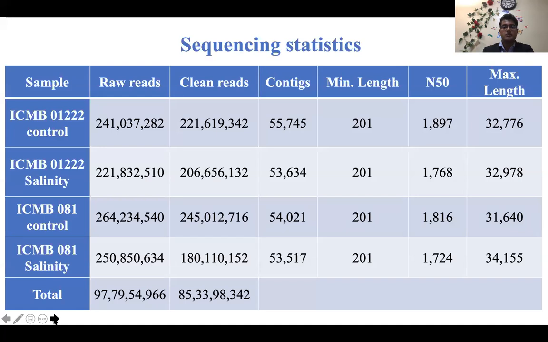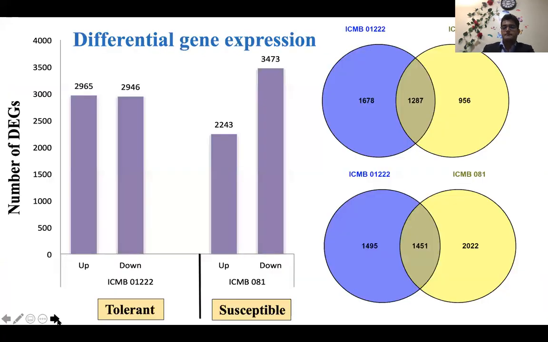After sequencing, we got raw reads, then filtered the raw reads into clean reads. We converted them into contigs to find the genes. And after finding the genes, we performed the differential gene expression analysis.